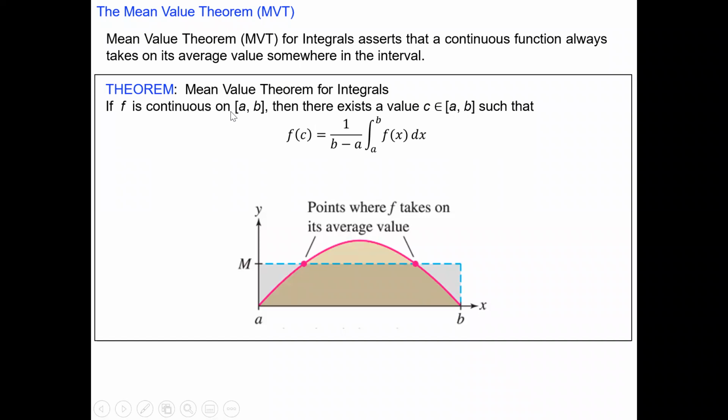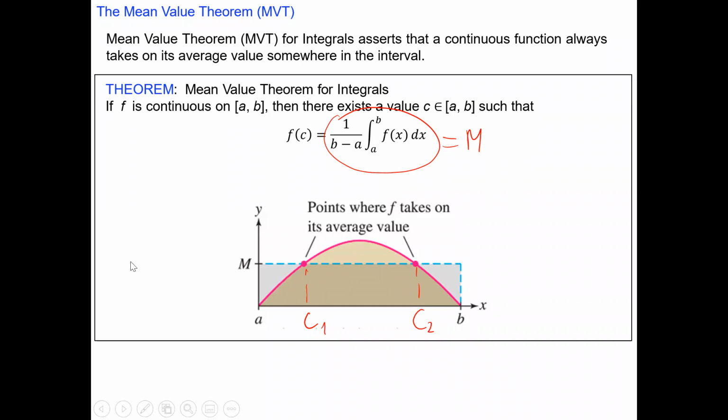If f is a continuous function on a to b, then there exists a value c in that interval, and the corresponding value for that c is the average value, which I can call m. Yeah, c sub 1, c sub 2, we can have even more. That means there always exists a number c between a and b whose corresponding value is actually the average value.